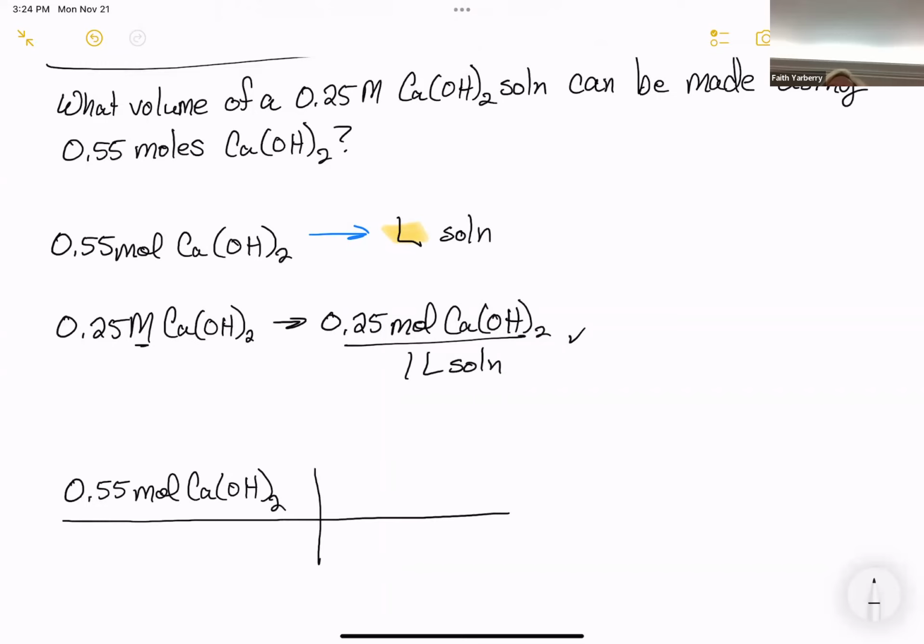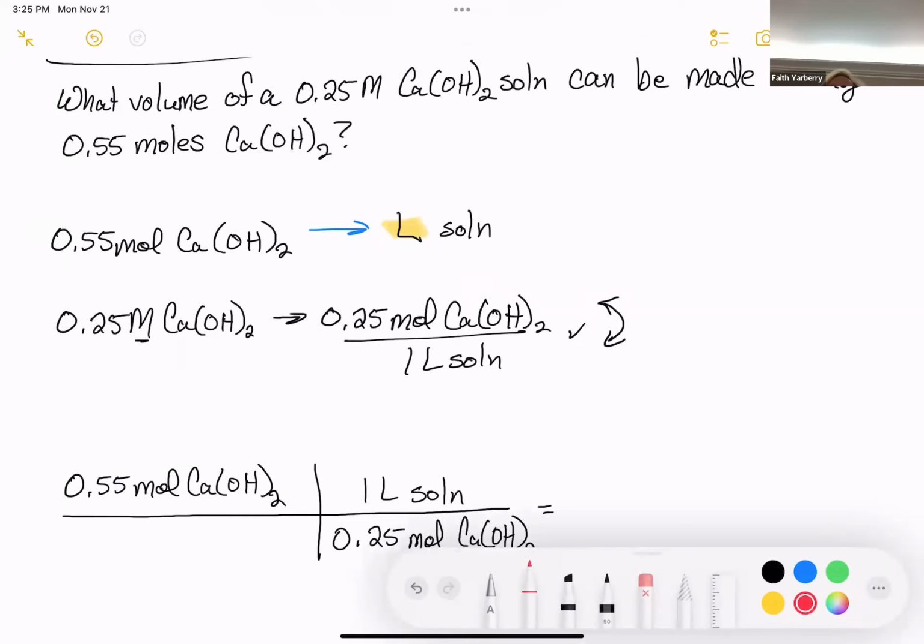Now, I got to get rid of moles of calcium hydroxide. This is where you can invert your molarity, because by inverting the molarity, the 0.25 moles of calcium hydroxide can go in the denominator, while the 1 liter of solution goes into the numerator.